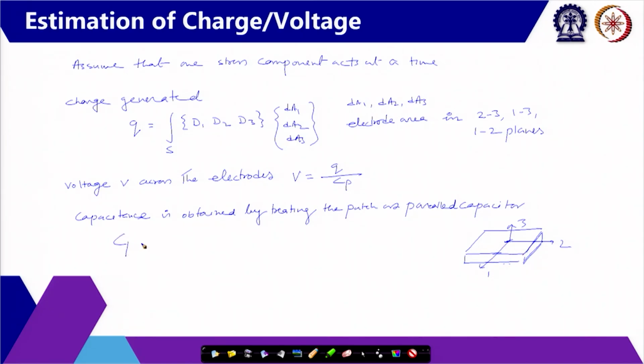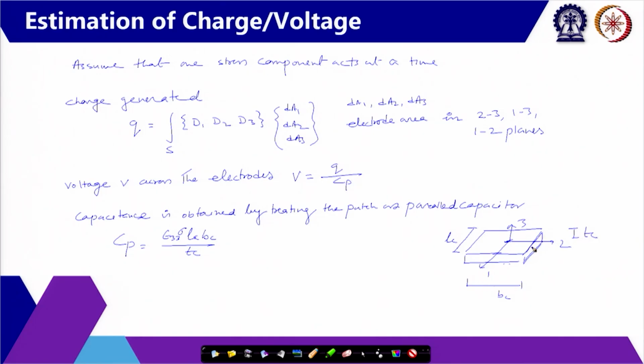So, that gives us the expression of capacitance as epsilon 3 sigma Lc Bc divided by Tc. Lc is our dimension over direction 1, Bc is our dimension over direction 2, and Tc is the thickness dimension over direction 3.